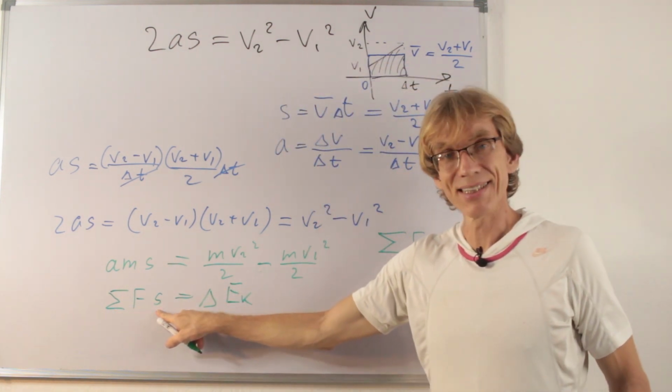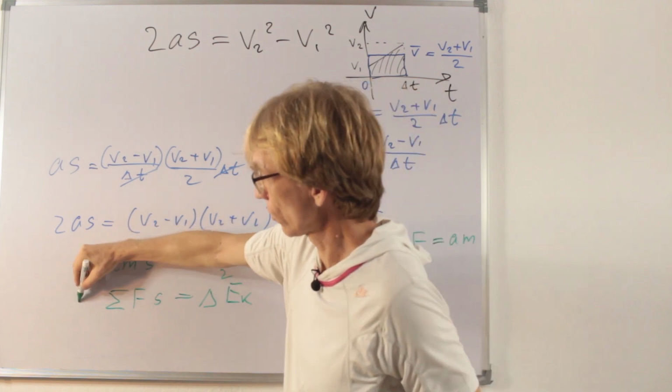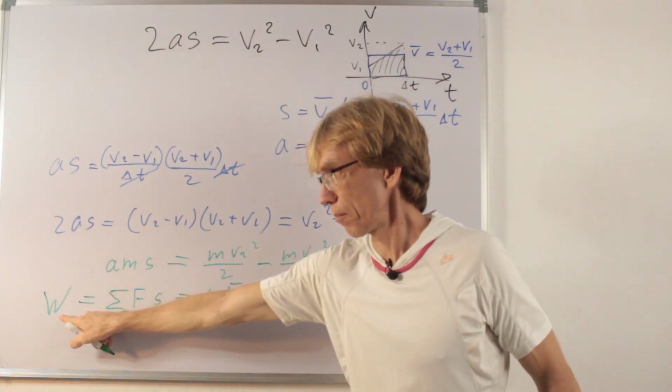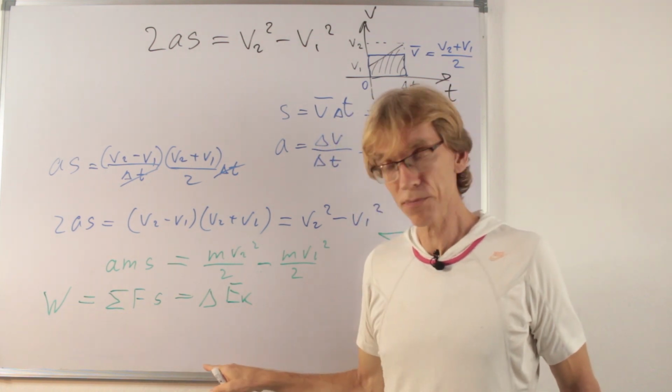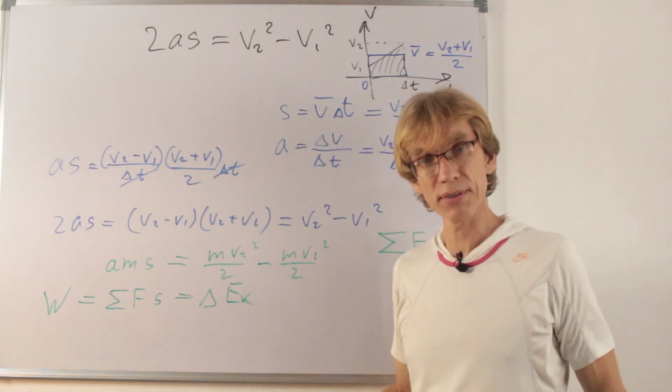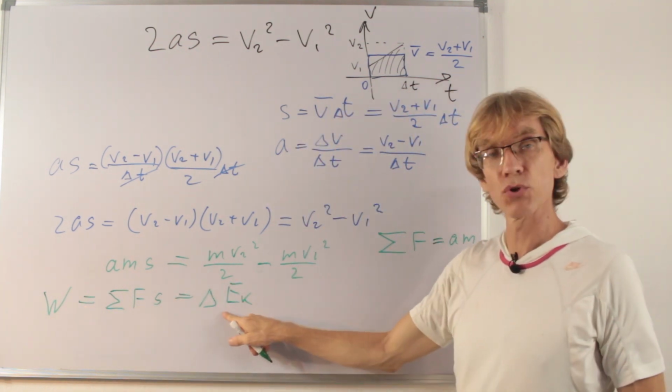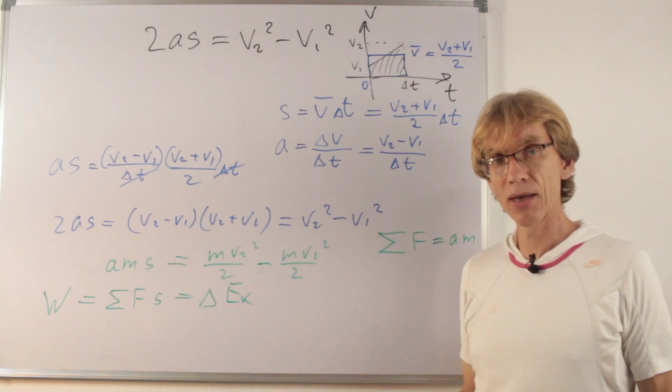Force by distance is work. So we got here that the work done by the sum of all forces on the body, moving it over the distance, is equal to the change of kinetic energy.